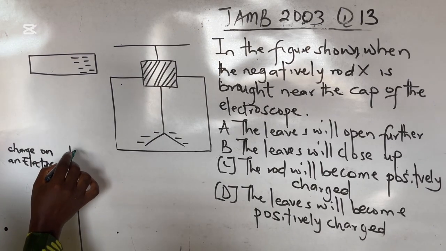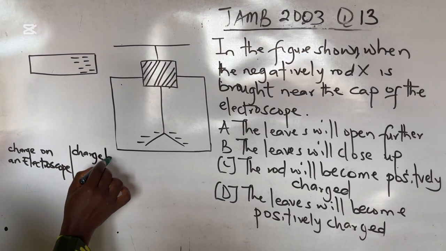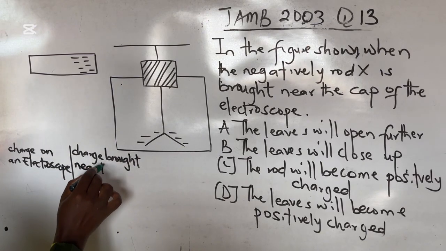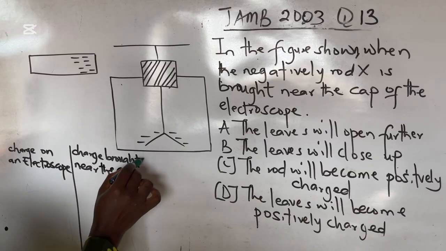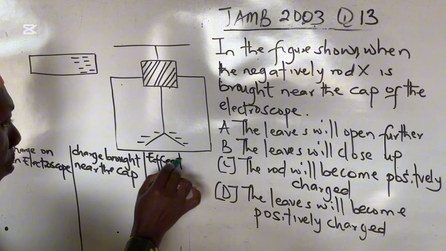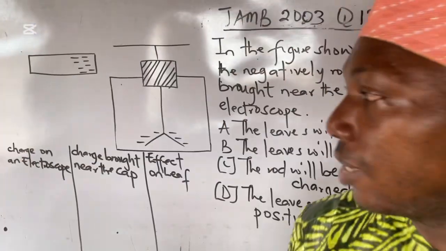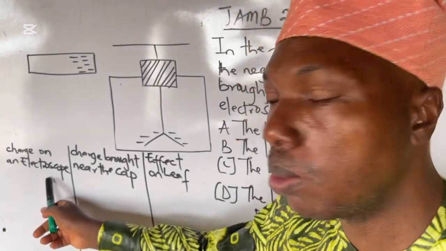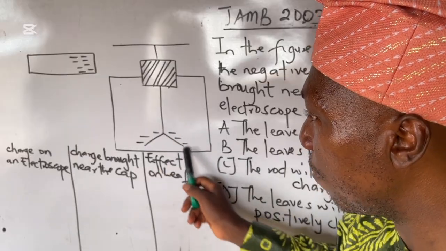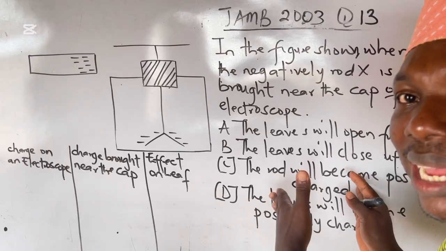We have charge brought near the cap. And lastly, we have effect on leaf. These are the things you will consider: charge on an electroscope, charge brought near the cap, effect on leaf. This is the leaf. What will happen to the leaf? That's what you will use to answer this question.